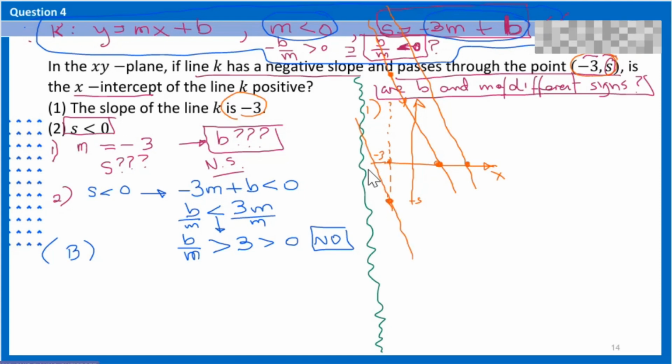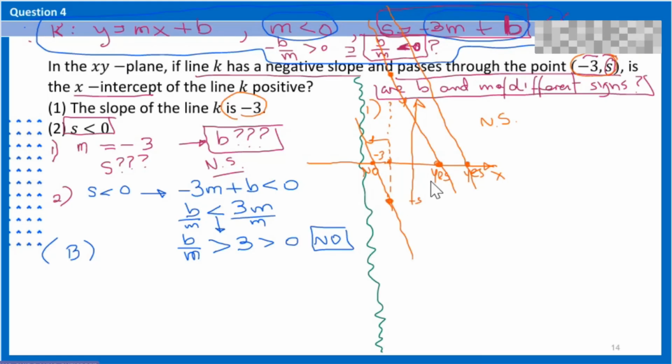Now we see that, totally opposite from the first two cases, the x-intercept would not only be negative, but would be to the left of -3. It would be more negative than -3. So now we clearly see that here we have two answers to the question. The x-intercept could perfectly be both positive or negative. So that is why this is not sufficient. Here, these cases represent a yes for an answer to the question. This one represents a no, right?